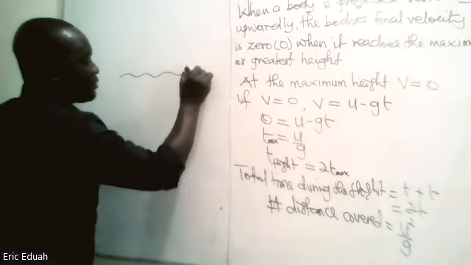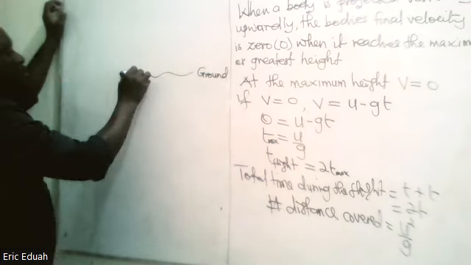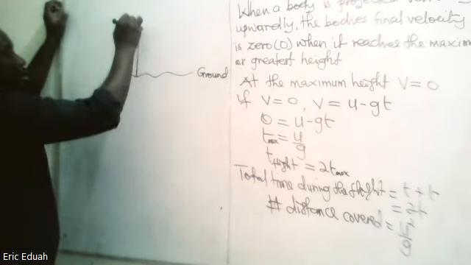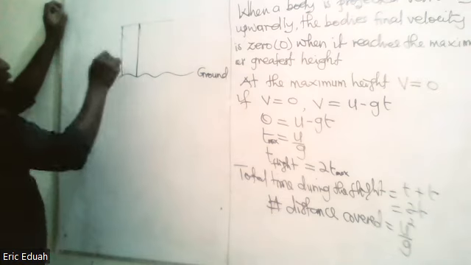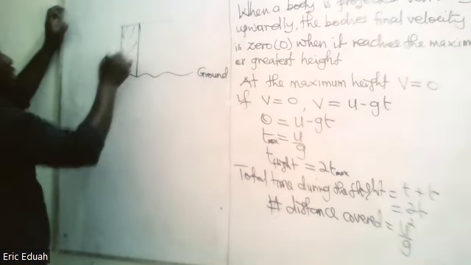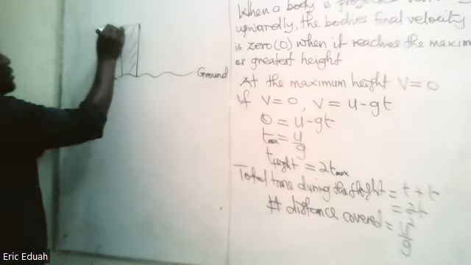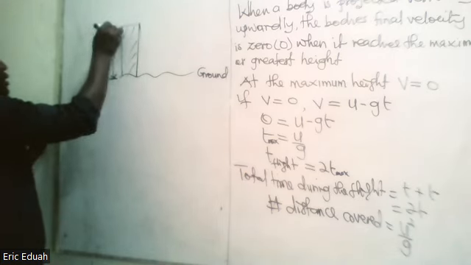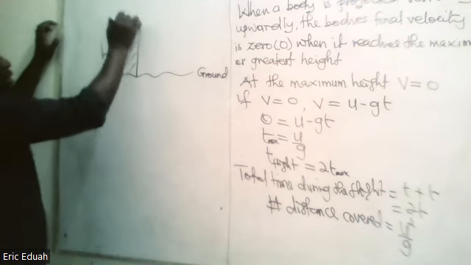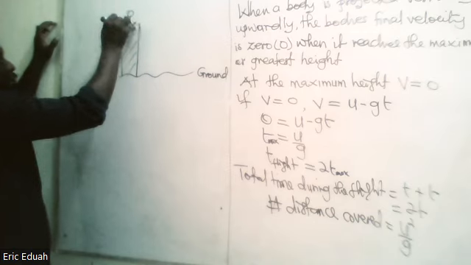That's the ground level. An object, so this is the height h. An object is projected. So this is Equia, a watchman standing on the tower.